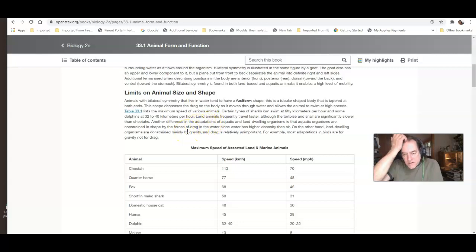So on land, animals, on the other hand, are not really concerned with drag in the water. It's gravity, as it says right here, that becomes the most important limiting factor. And so the way that works is, as animals get larger, things change in an exponential way. So if an animal is twice as big, it's not going to have twice as much skeletal mass.